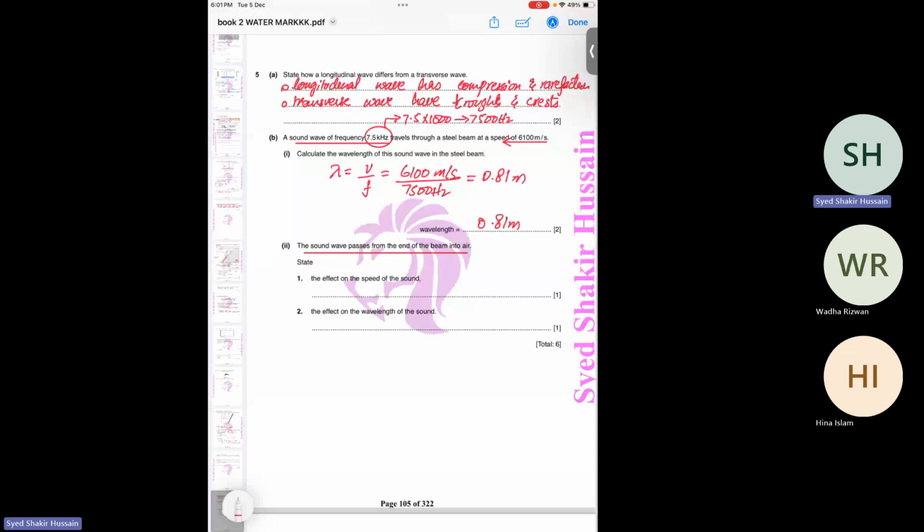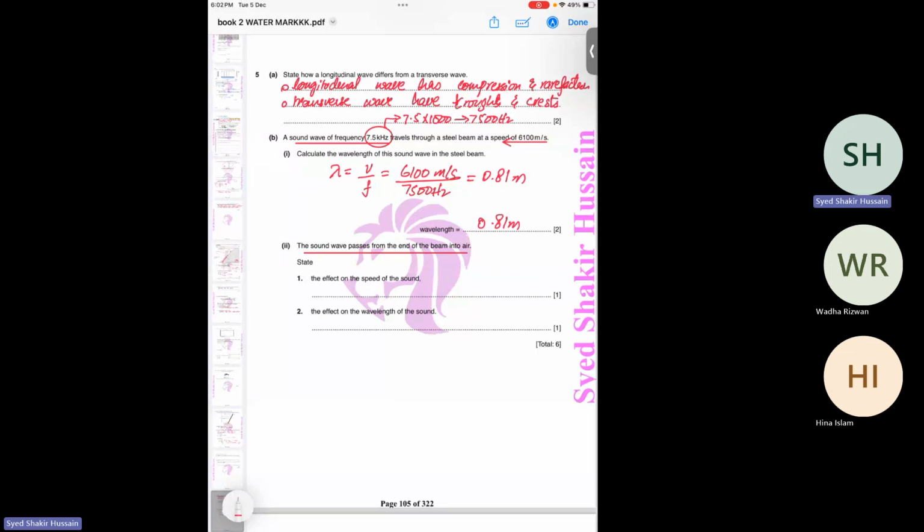So it passes from beam to air. What is beam made of? Steel, right? So what happens to the speed?